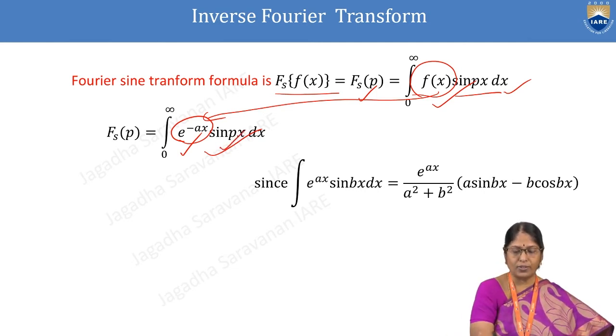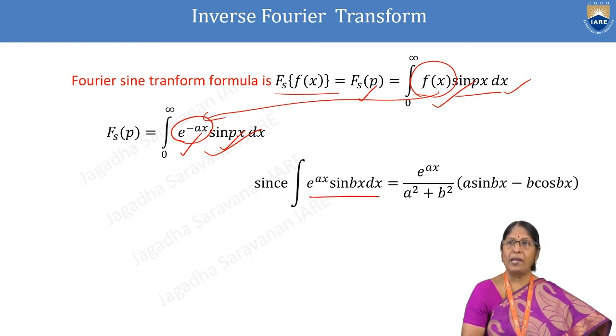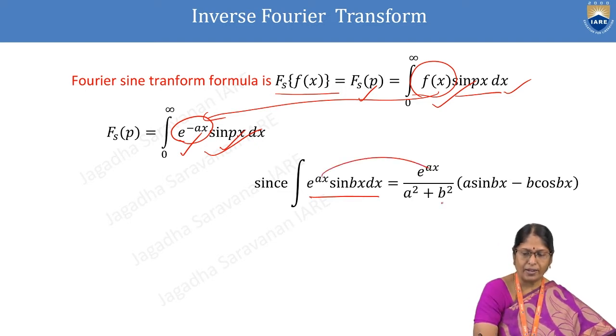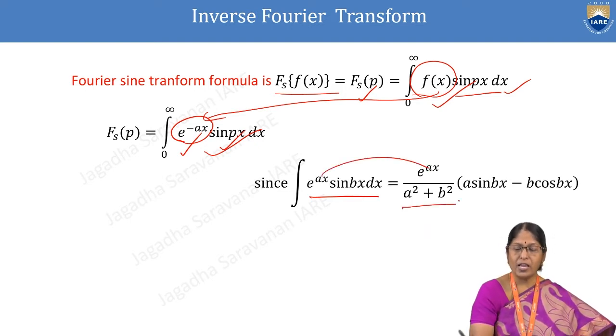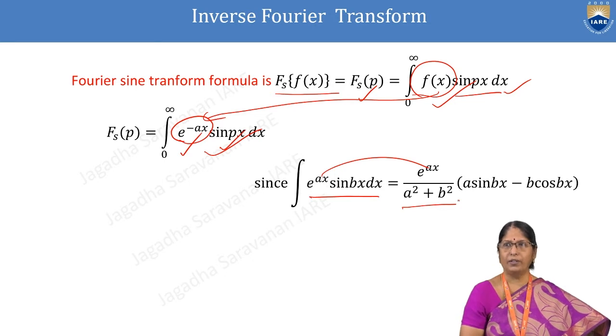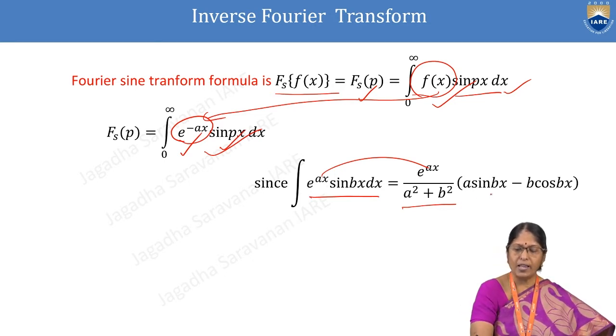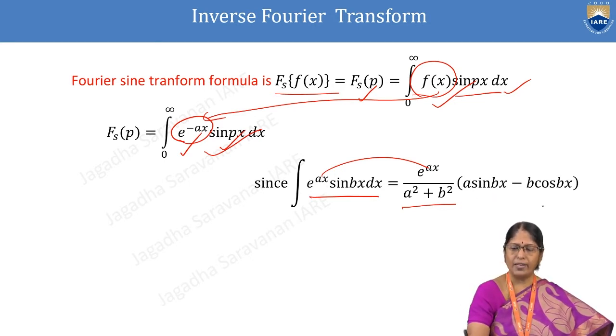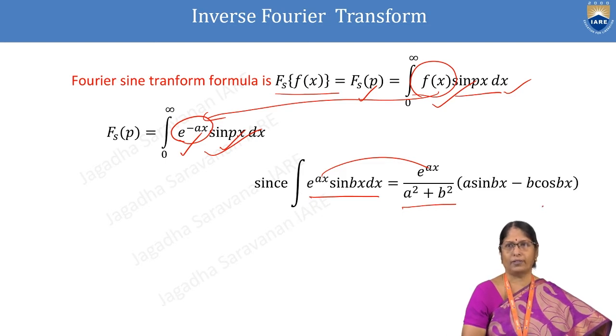The formula which is available is the integral of e power ax into sine bx dx, which equals e power ax by a square plus b square into a sine bx minus b cos bx.